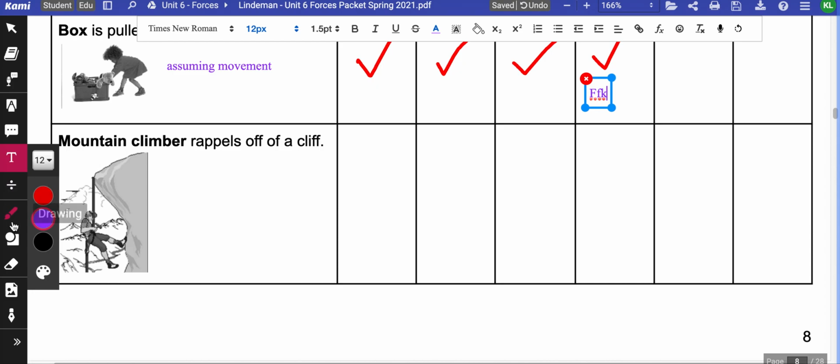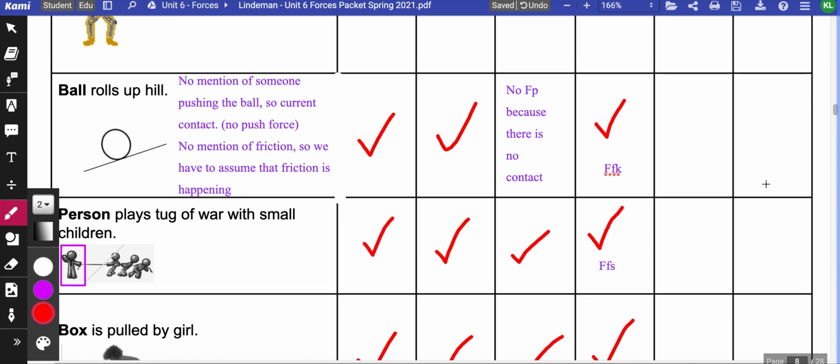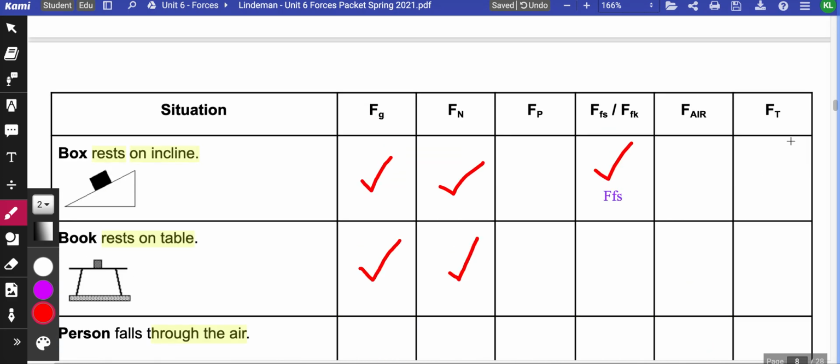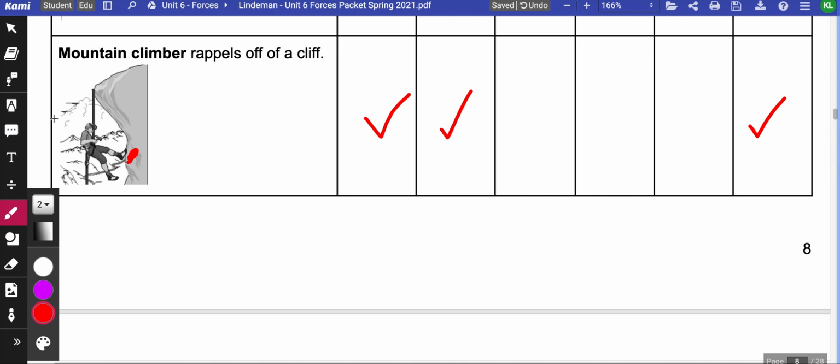Okay, and for this next one, I want us to look here. Do we see how he's standing on the surface? So we have gravity force because we're on planet Earth, normal force. We definitely also have tension force, which is this final box, because he's being suspended from this cord.